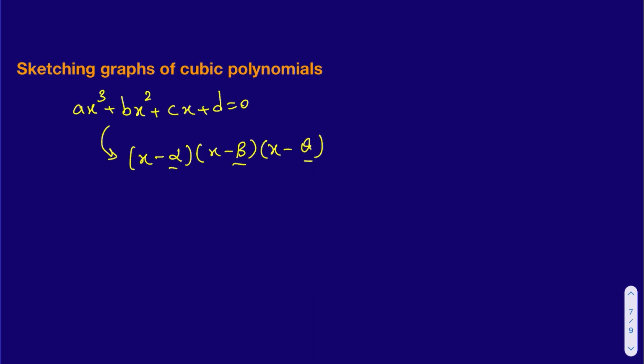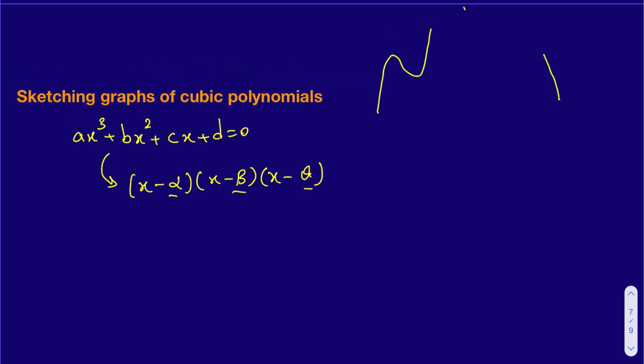And this curve of the polynomial, because it's a graph, has two shapes. Either it is in this way, or something like this.